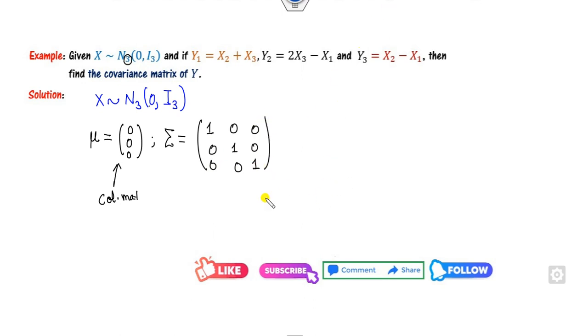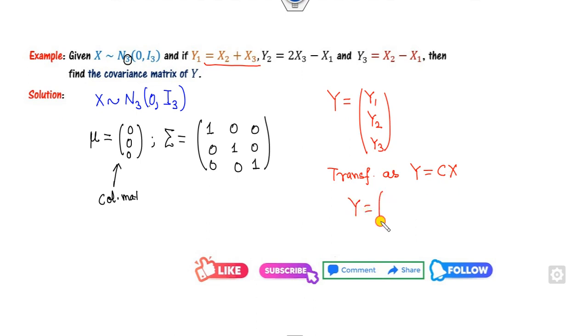Fine. Now your target is to find the transformation of this. So firstly, what is y? y1, y2, y3. Fine. So I can write the transformation as y is equal to cx, where x will be my x1, x2 and x3.